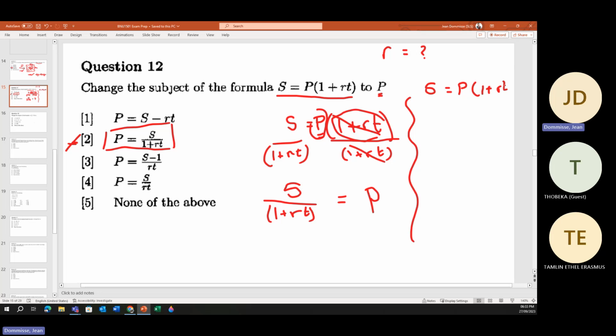Then I would have said, okay, I need to isolate or solve for R. So first, there are things in front of the bracket that I need to get rid of before I can work within the bracket. So on both sides, I would have divided by P. So then it would have been S over P. That would have cancelled out, so I would have been sitting with 1.